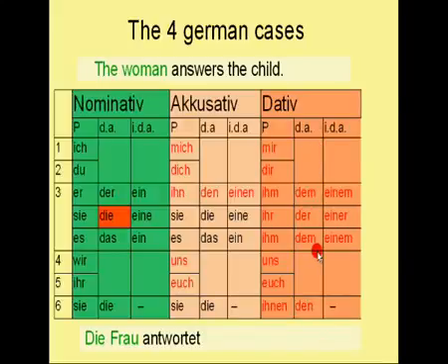Now we just need to know what kind of noun child is. Is it a masculine noun, a female noun, or a neuter noun? Well, in German, child is a neuter noun, and the translation is Kind. Therefore we have to take the definite article dem, which stands for neuter noun in the dative case. And the sentence would be Die Frau antwortet dem Kind.